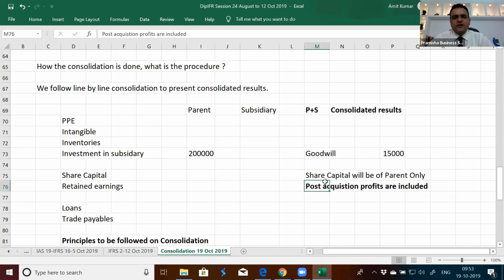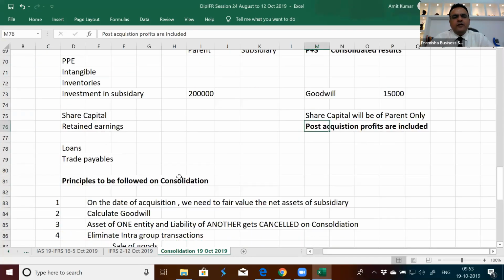On consolidation, what will be included, what will not be included, and why we are not including it? Because there is an asset of one entity and a liability of another getting cancelled on consolidation. If net assets value was more than investment, that would be a bargain purchase.